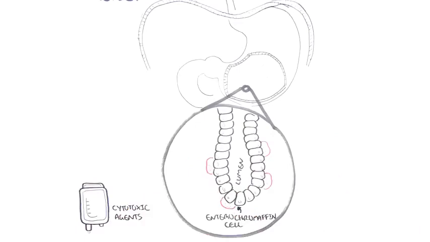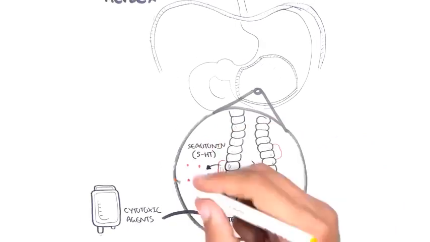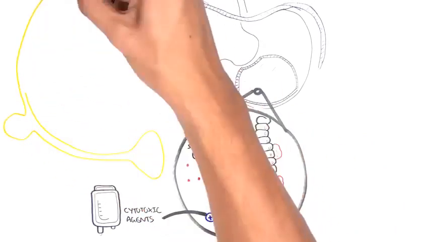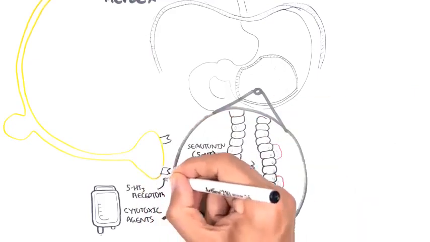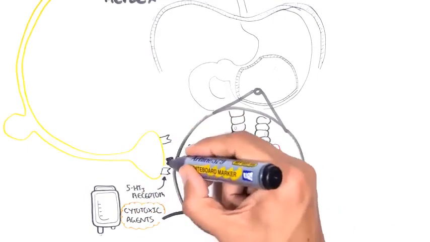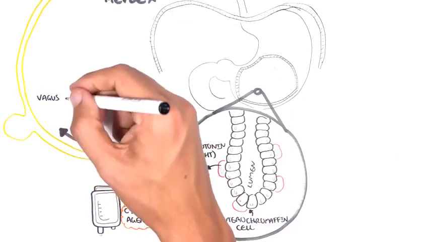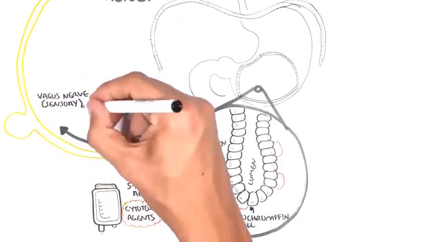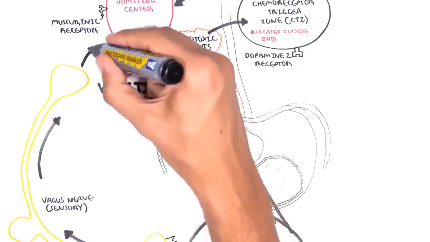The enterochromaffin cells release serotonin in response to cytotoxic agents, which is thought to stimulate then 5-HT3 receptors on sensory nerve fibers around the area. And stimulation of this sensory nerve fiber, which is actually the vagal nerve, will bring this information to the vomiting center to trigger the vomiting reflex.